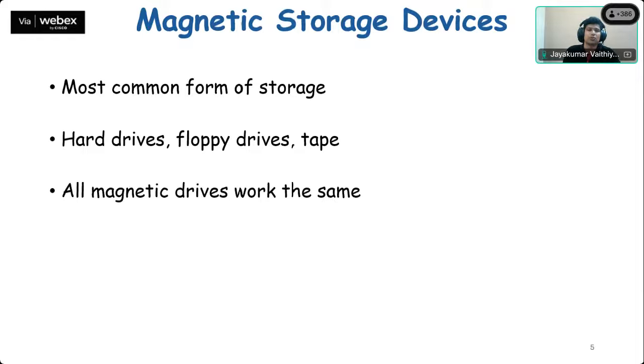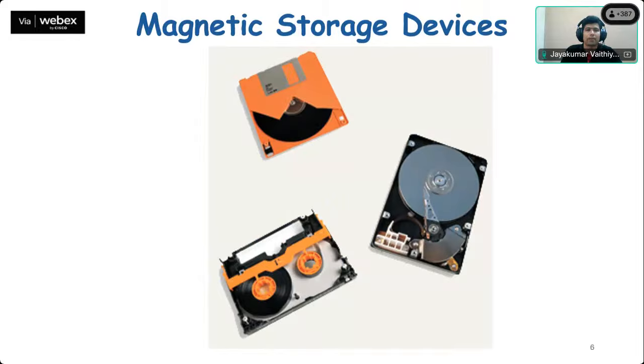All these devices work on magnetic drives. Whatever technology you are using, tape, floppy drive, hard drive, everything belongs to the same technology using magnets. This is the refresher of magnetic storage devices. We use a magnetic head to store on floppy disk, tape and hard disk.